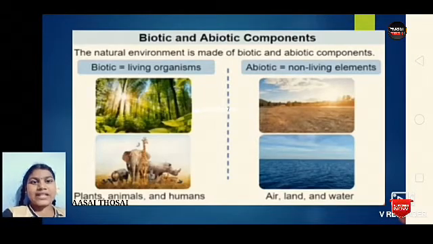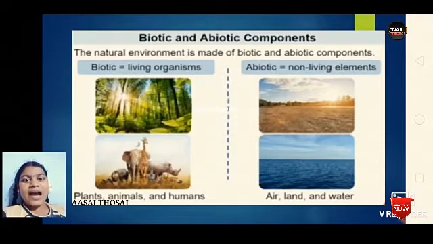Biotic components are living organisms and abiotic are non-living. Biotic are plants, animals and humans. Abiotic is non-living, so air, water and land.